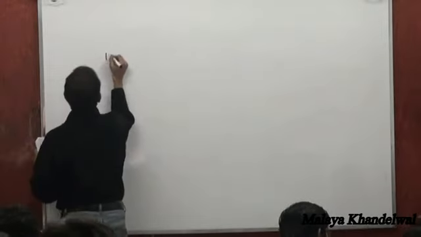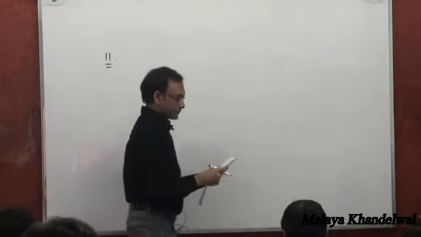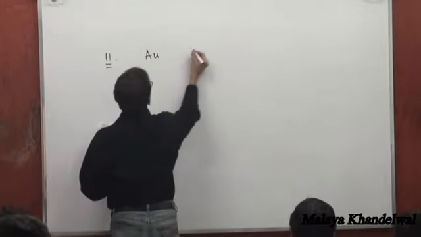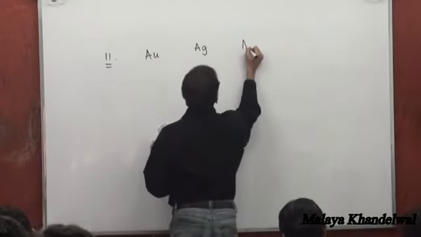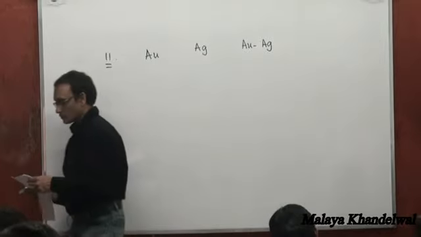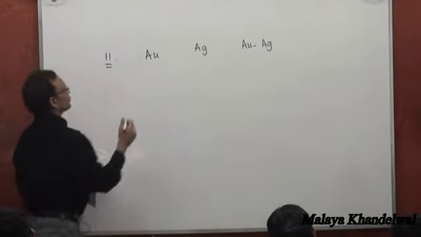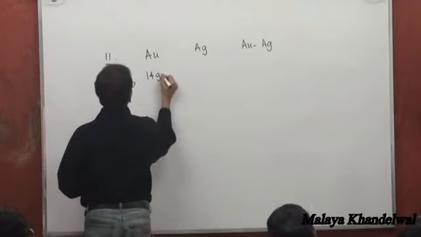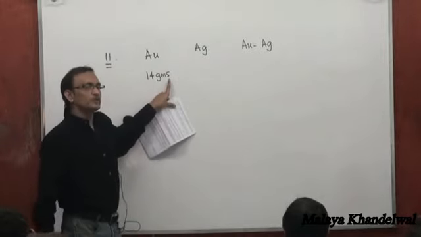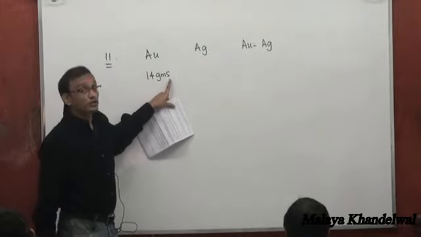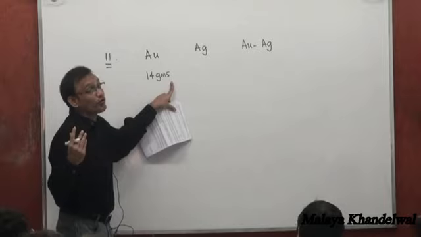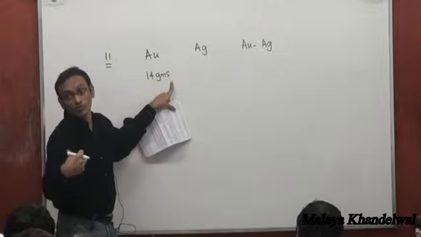Okay. There are 3 ingots: gold, silver and a gold silver alloy. If gold loses 14 grams, so now this must also be equal to the weight. When it loses this much, that means it must have displaced this amount of water.